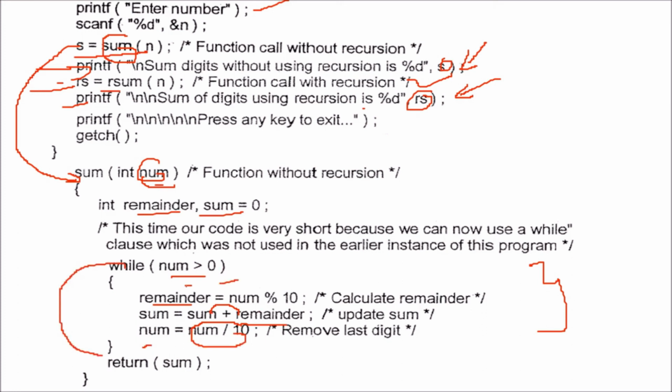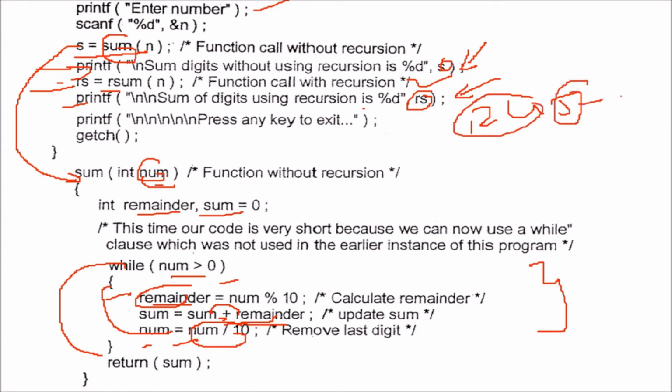That means every time we take out the last digit of the number and keep the remaining digits. For 1, 2, 4, 5: when we take modulo we get 5, and this division gives 1, 2, 4. So 5 will be added first because the sum is 0, so 0 plus 5.